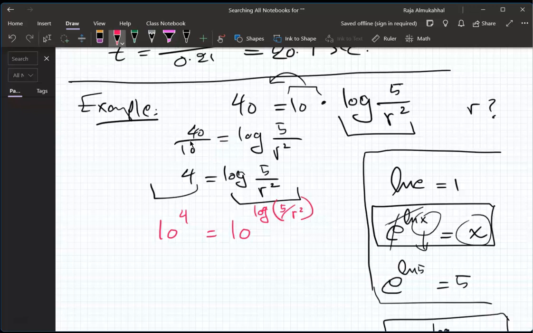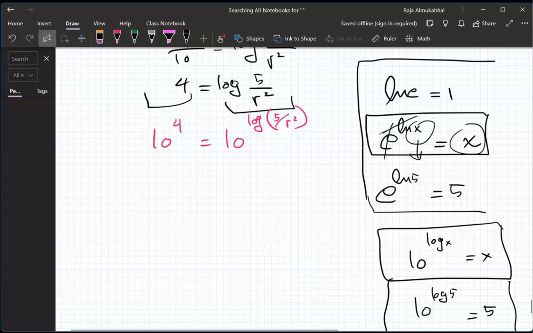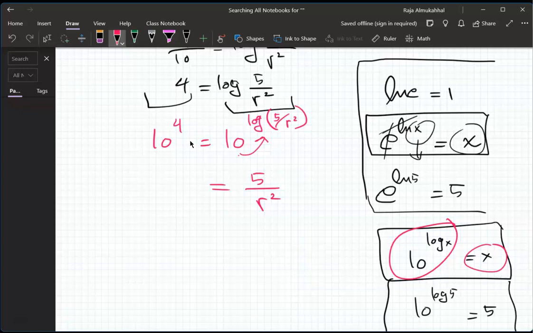You see the trick? Using this trick, 10 to the log x is x, so 10 to the log of this argument is equal to that. So this becomes 5 over r squared, and this is just 10 to the 4th, which is a big number, 10,000.